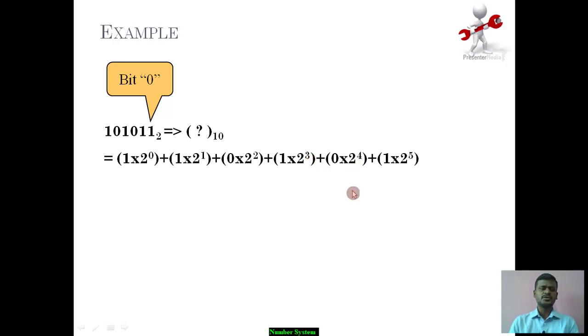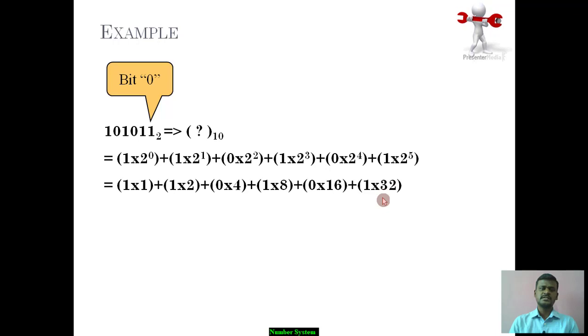And 2 raised to 4 is 2 multiplied 4 times, 2 raised to 5 means 2 is multiplied 5 times. That means we will see the result now, that is 2 raised to 0 is 1, 2 raised to 1 is 2, 2 raised to 2 is 4, 2 raised to 3 is 8, 8 means 2 into 2 is 4, 4 into 2 is 8, right?